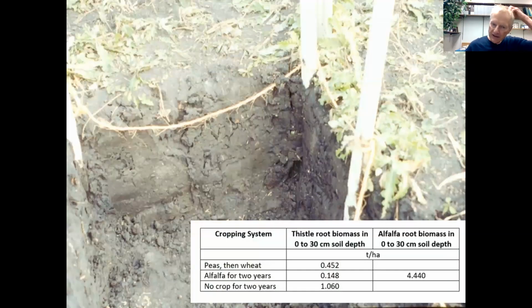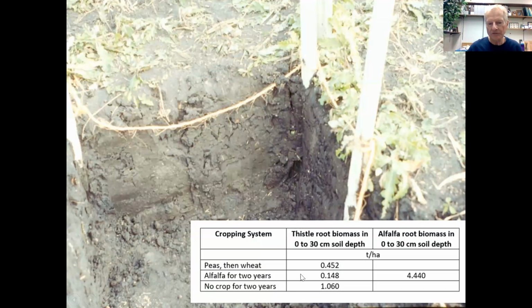And we did a study at Glenlee years ago where we went into 3 cropping systems that had thistle patches in them. So we had our grain-only rotation, a cropping system that was wheat, and the previous year it had been peas. And we dug out the thistle roots from sort of 1 cubic foot of soil, maybe a bit more. And we measured 0.4 tons per hectare of thistle root biomass, dry biomass.